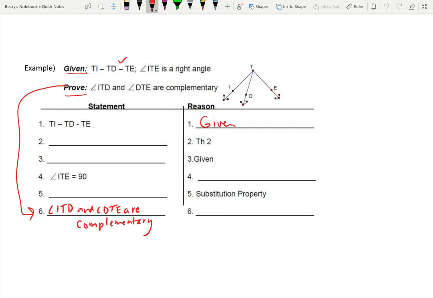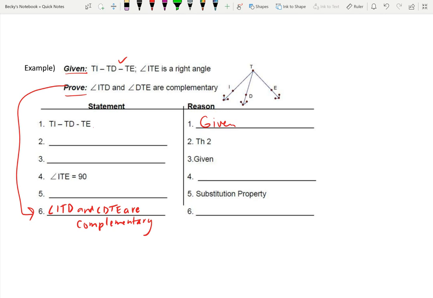Now, what does that tell us? Now, there's a major hint here, theorem 2. This looks like betweenness of rays. And if you look up theorem 2, this is the betweenness of rays theorem. So, let's look at our diagram. This means, remember how you read this: TD is in between ray TI and TE. Okay, so that's how you read it.